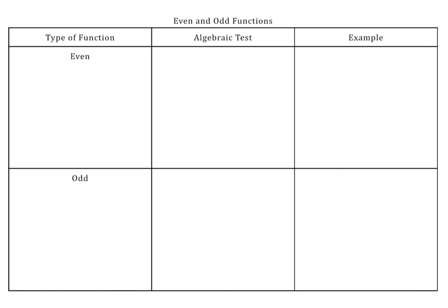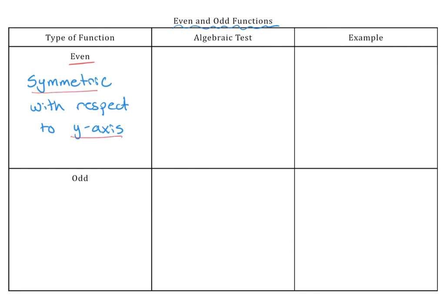Okay, now we are looking at even versus odd functions. An even function is simply a specific type of symmetry. An even function is simply when a function is symmetric about the y-axis.